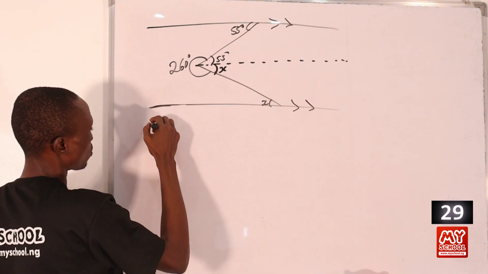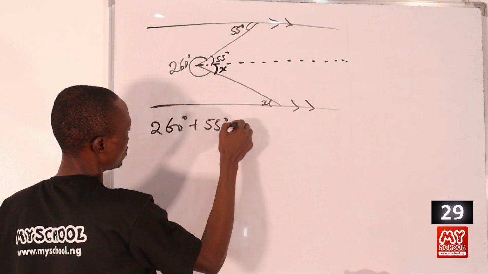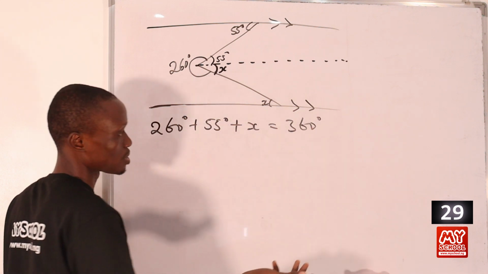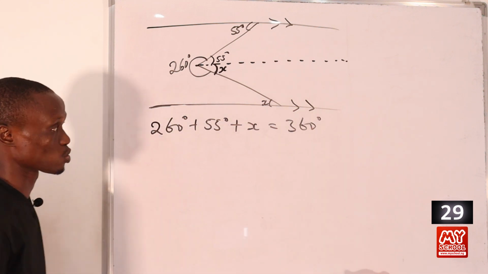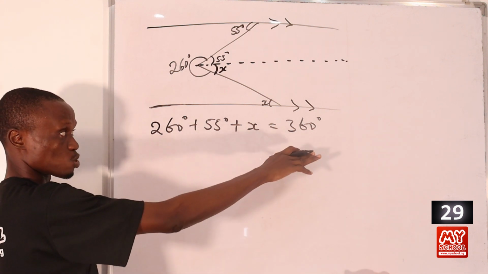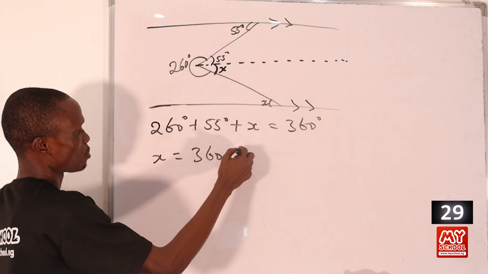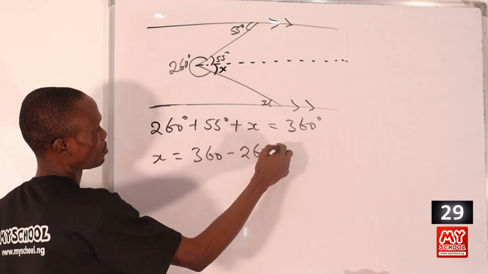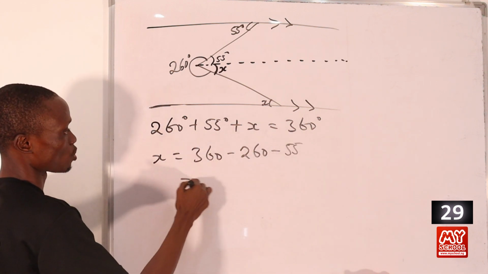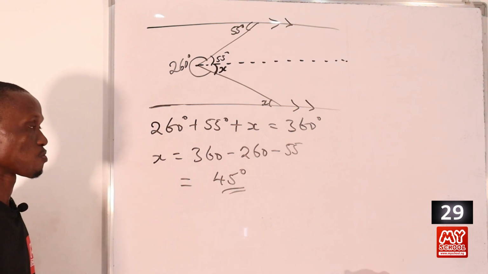So this becomes 260 degrees plus 55 degrees plus x is equals to 360 degrees. The reason is angles at a point is equals to 360 degrees. Since we are looking for the value of x, we just make it the subject of formula, so that x is equals to 360 minus 260 minus 55. Remember all is in degrees, and this will be equals to 45 degrees. So the value of x is 45 degrees.